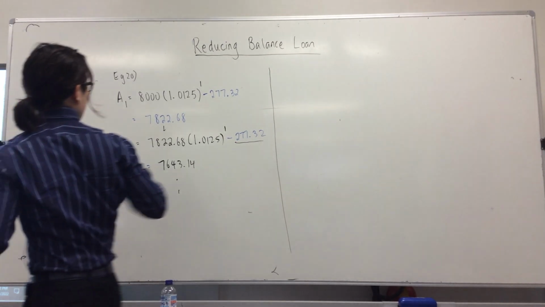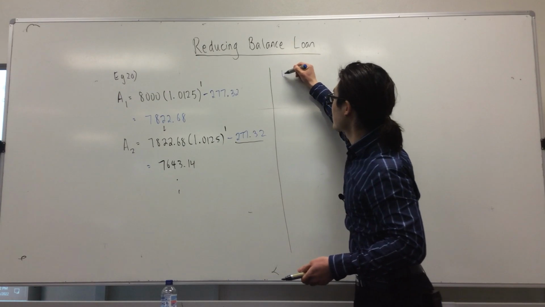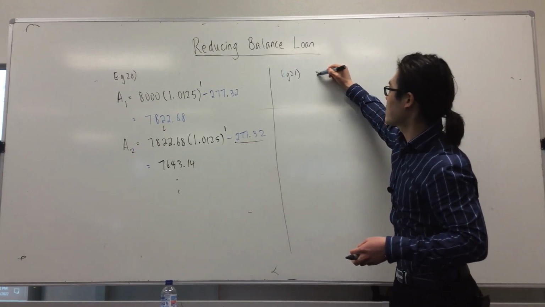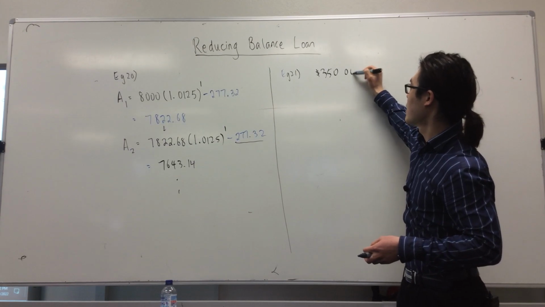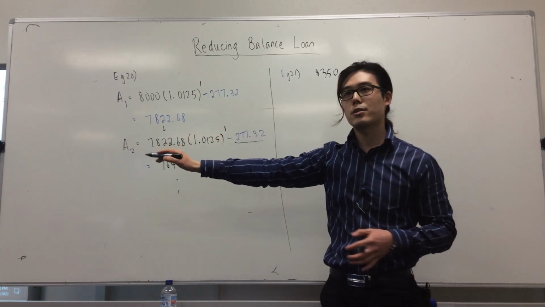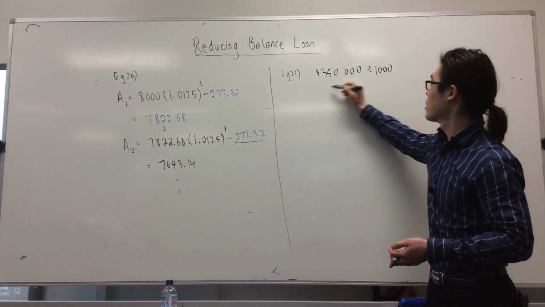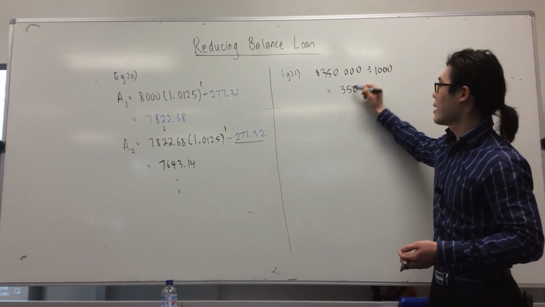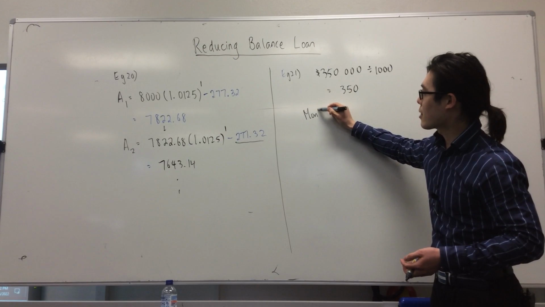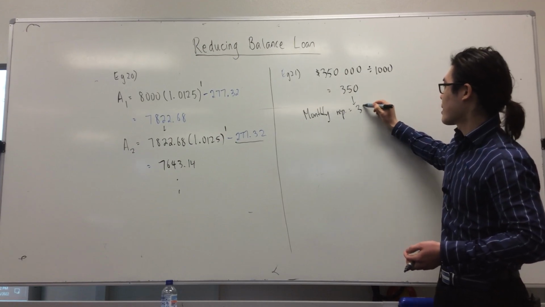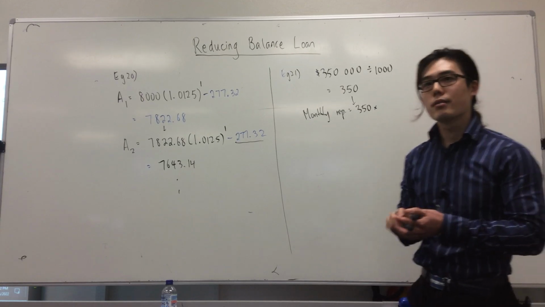So here's how you do it. The loan is based on 350,000. Because that table is based on every 1,000, you've got to divide the amount you're borrowing by 1,000 first, which is 350. And then to get the actual monthly repayment, you multiply that amount by the table number, $5.07.